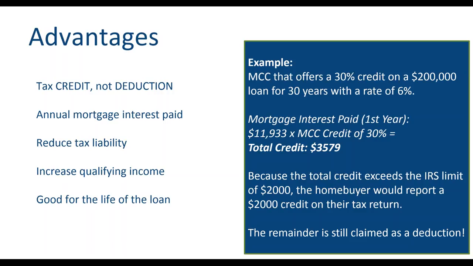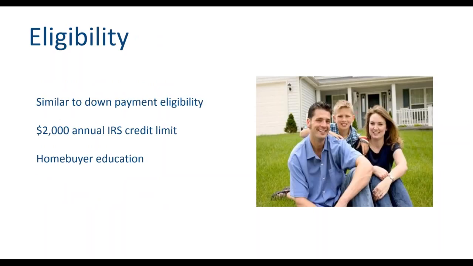All right, so eligibility for MCCs is usually almost the same as the down payment programs offered by the same provider. Sometimes the income and sales price limits may be a bit different, but for geographic availability, MCCs are basically available across the same footprint as the down payment programs offered by the same program provider.